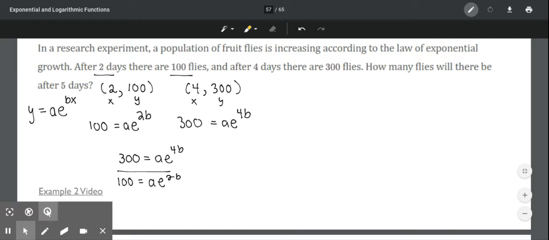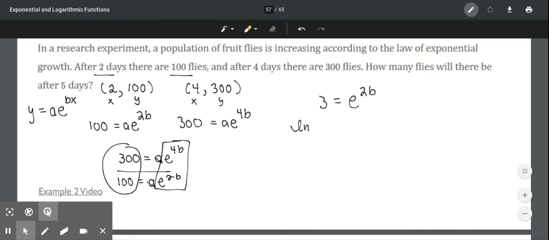If we simplify the 300 over 100, we get 3. Our a's simplify. And then e to the 4b over e to the 2b leaves us with e to the 2b. So now we just have b to solve for.